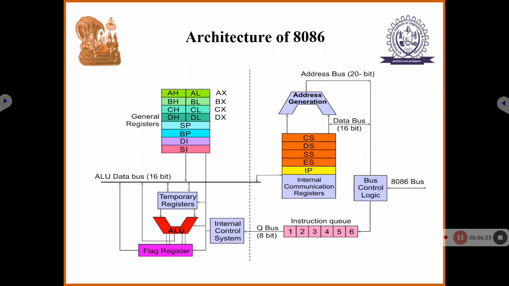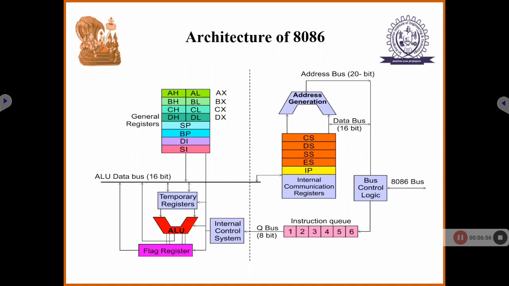Another one is pointer registers: the stack pointer and the base pointer. Then there are two index registers: DI, the destination index, and SI, the source index. So the function of the base registers, pointers and index registers is to help find the 20-bit physical address of the instruction.